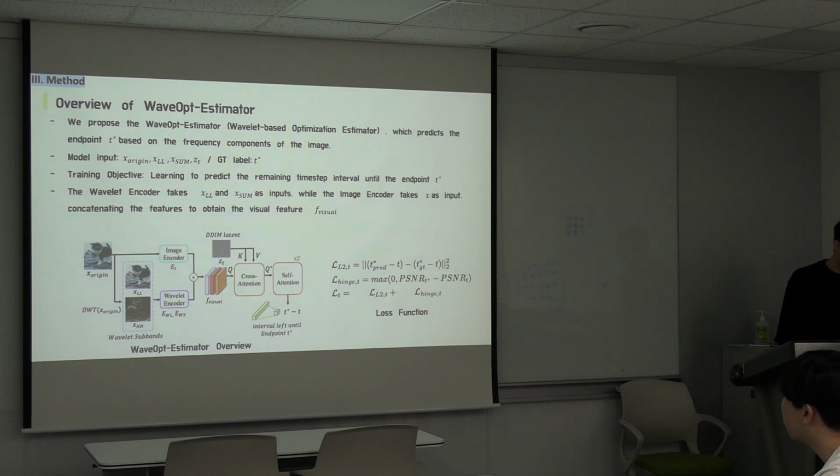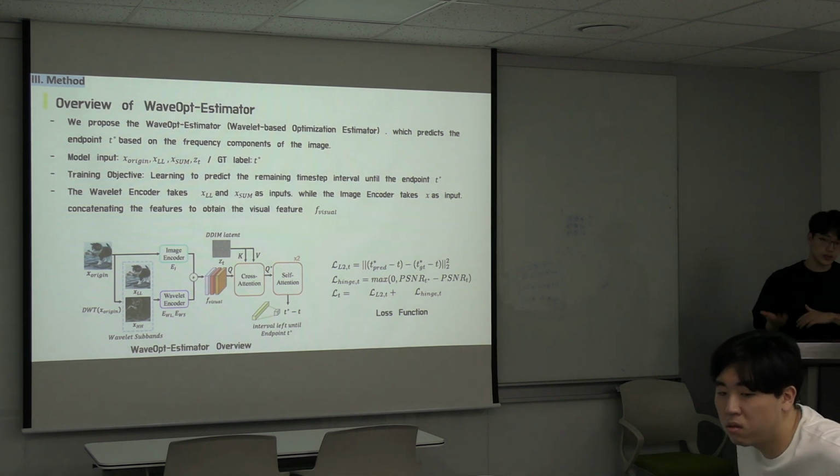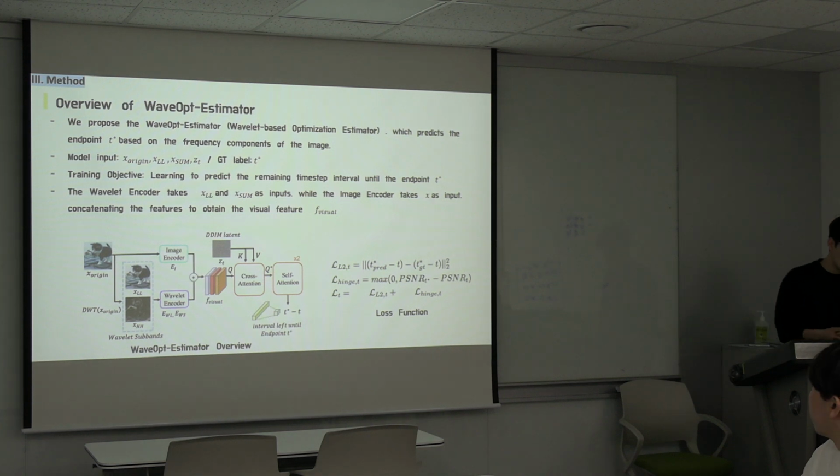So after discovering the relationship between the frequency component of an image and the endpoint t star, we proposed the wavelet-based optimization estimator, which predicts the endpoint t star based on the frequency component of the image.